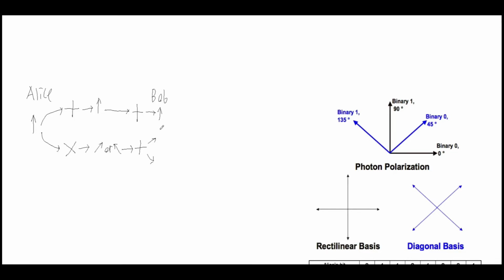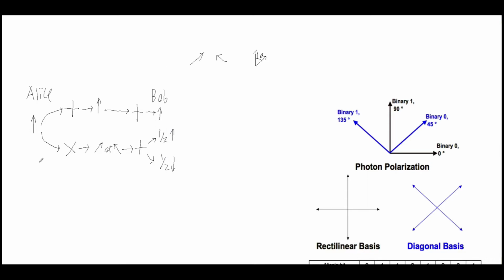One half of the time it will be up and one half of the time it will be down, because he is sending something that is oriented either this way or this way through something oriented this way. And so we know that there is that angle between them, and that is going to affect the way that his polarization comes through.